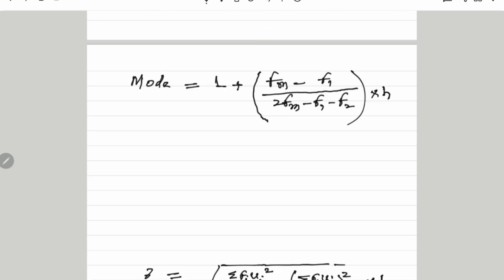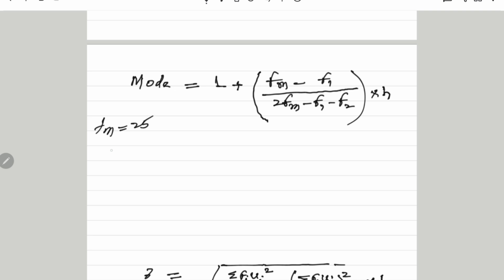The formula for mode is L, lower limit of modal class, plus Fm minus F1 divided by 2Fm minus F1 minus F2, into H. Here the maximum frequency Fm is 25.